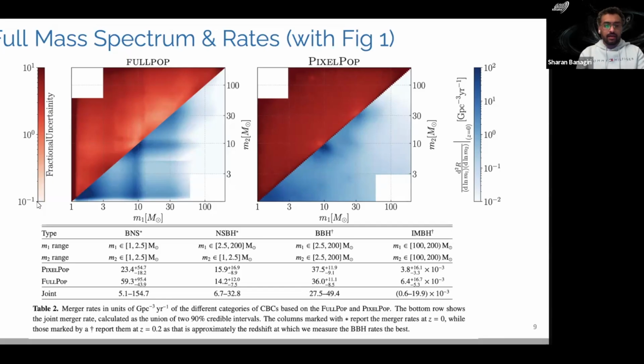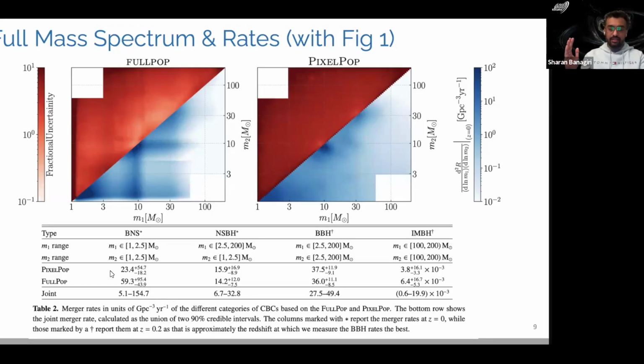One nice thing about these full spectrum analyses, where, as I said, we are looking at all binaries in one go, is that we can then convert these sorts of distributions into constraints on the rates of individual classes of binaries. So for example, the binary neutron star merger rate has a joint interval of around 5 to 155 inverse gigaparsec cubed per year.